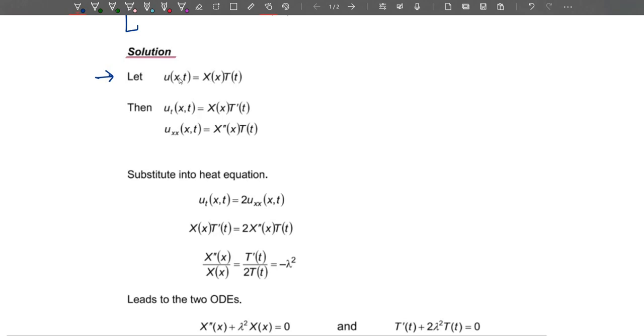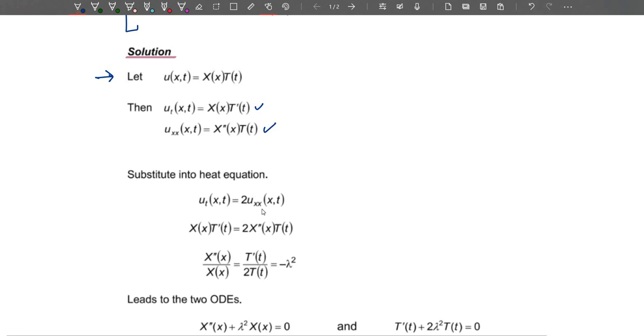That means here we differentiate u with respect to t, where the function X is held as constant. And this one, we differentiate u with respect to x twice, and then we hold the function T as constant. Partial derivative. And we substitute these two terms in the heat equation.